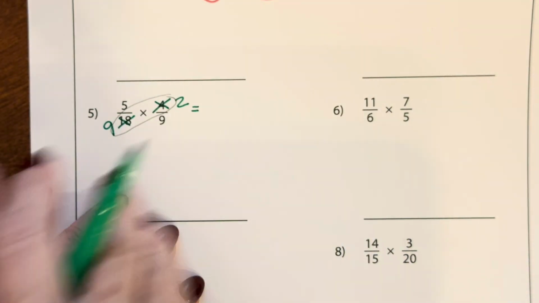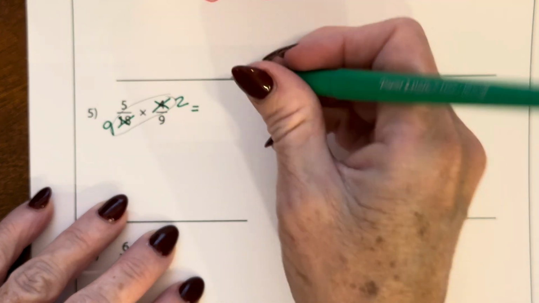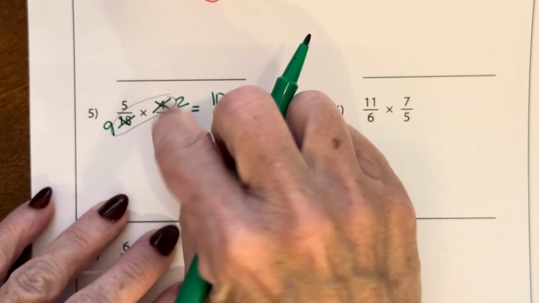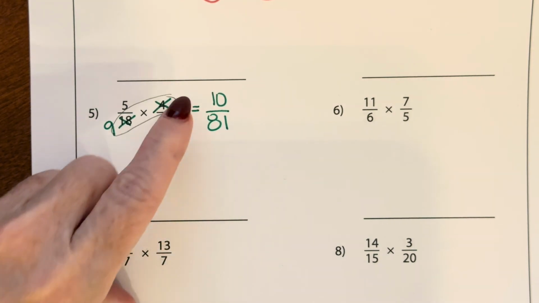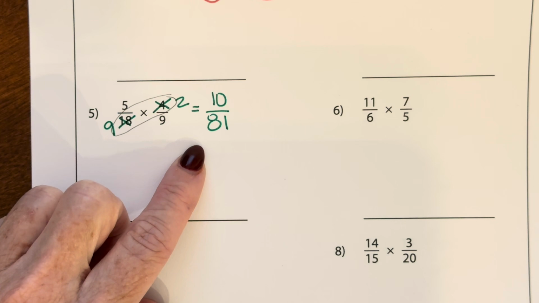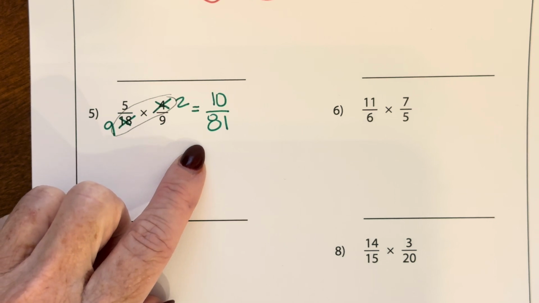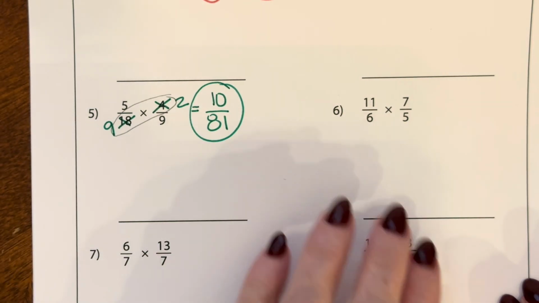So that helped make my problem a little simpler. So we can do 5 times 2 is 10, and 9 times 9 is 81. Okay, this is already a less than 1 fraction. Its value is less than 1, and we cannot simplify this problem at all. So we are good to go.